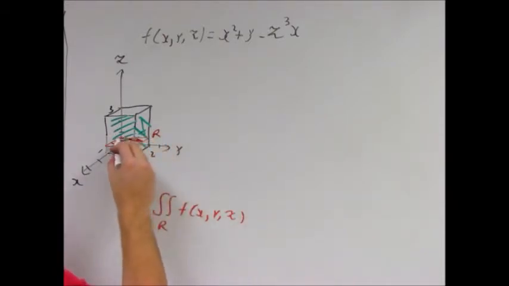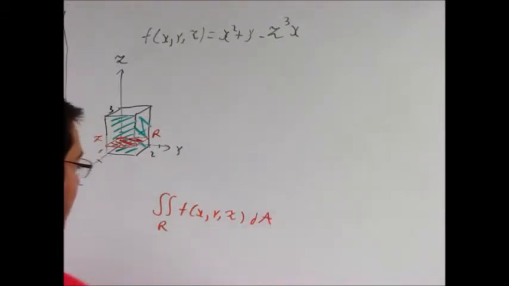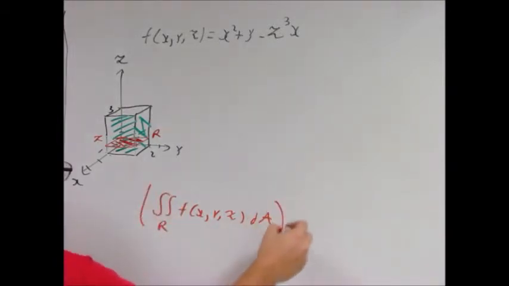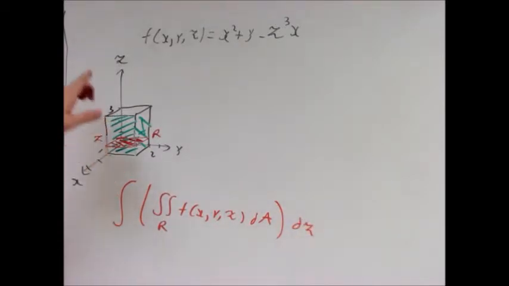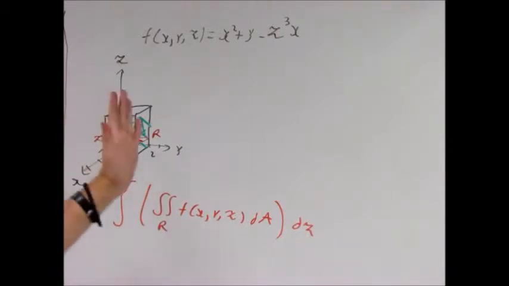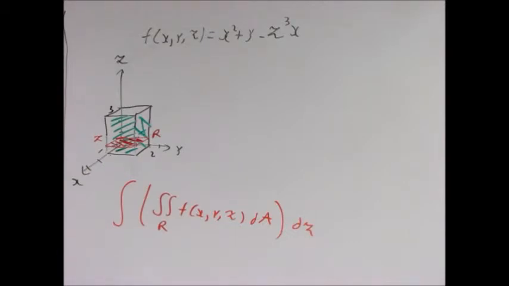So we fix a z value. This is the integral dA. And then we can integrate this whole thing dz as we change z. Or we can slice it the other way, or slice any other way really.